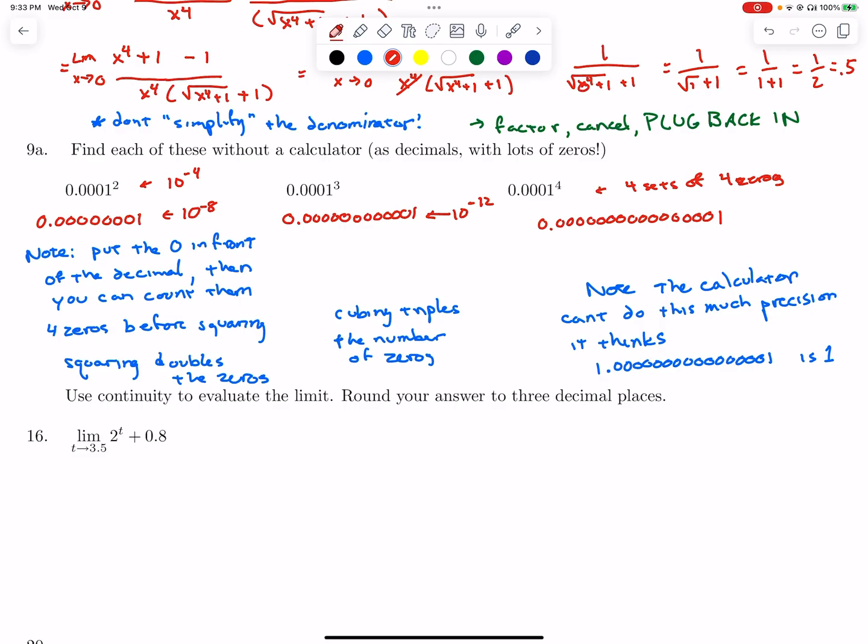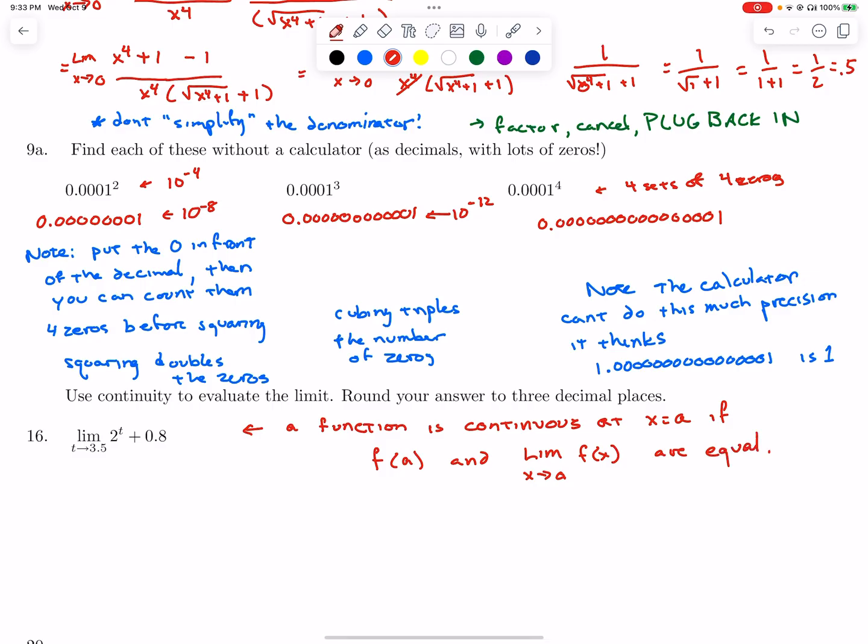So a little thing to notice, that a function is continuous. Okay, if f of a and the limit are equal, what the heck does that mean?